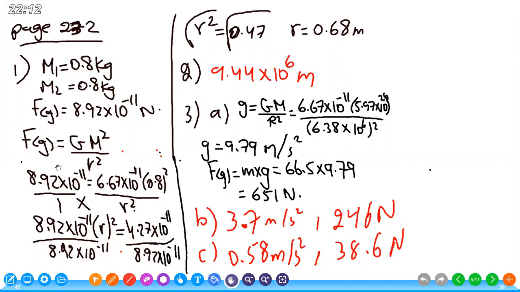The same question as the sample problem, the same force available, the constant still constant. We have changed the masses only. So again, we do the calculation, cross multiply, and then square root to get the distance, which is going to change a little. It is now 0.68 meter.